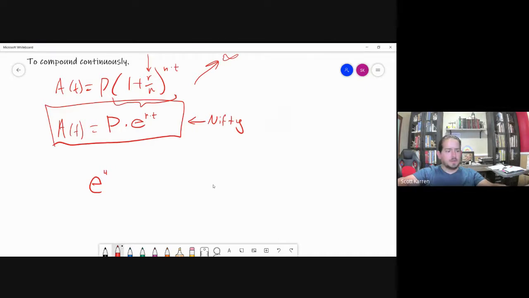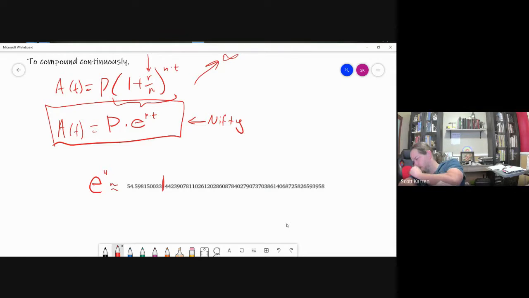These numbers are irrational, so they go on forever. Your calculator will probably stop closer to this range. So e to the 4, plugging into the calculator, spits out 54.598-ish.